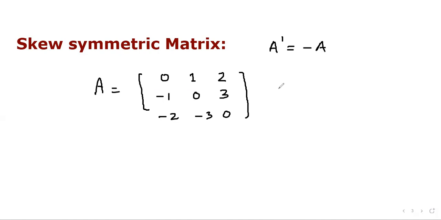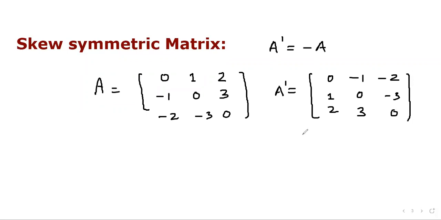And if we write A dash, it will be 0, minus 1, minus 2, 1, 0, minus 3, 2, 3, 0.